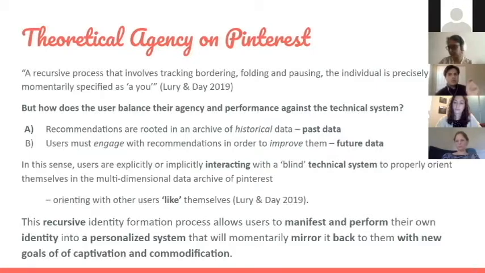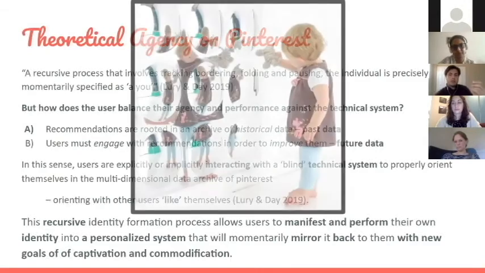However, we know that this process in which content is then filtered through the system and their data is used in the system has specific goals of captivation and commodification. Therefore, this recursive identity formation process, this giving data to the system and it giving you content back recursively, allows users to manifest and perform their own identity into a personalized system that will momentarily mirror it back to them with new goals of captivation and commodification.